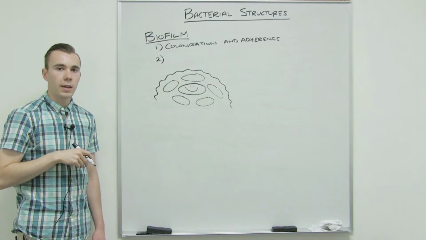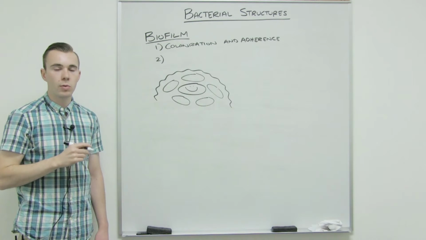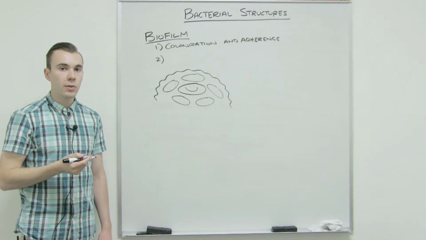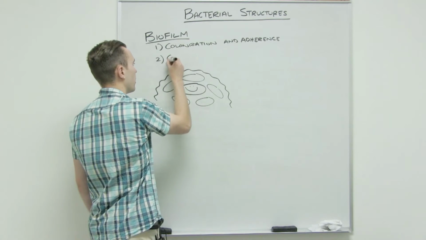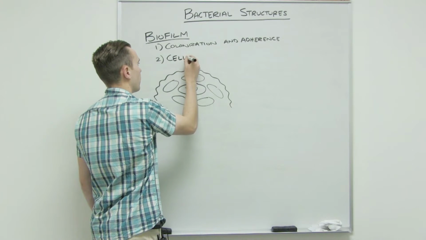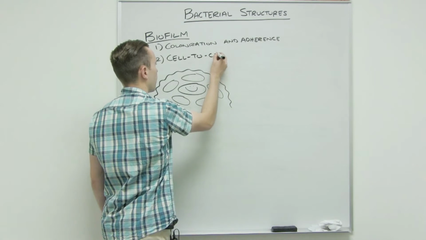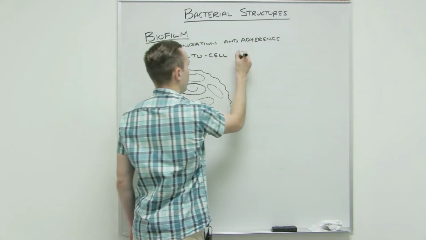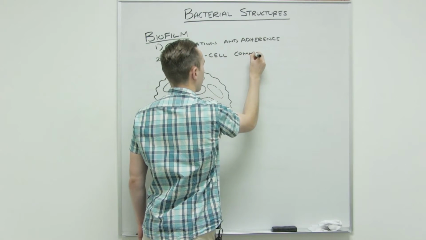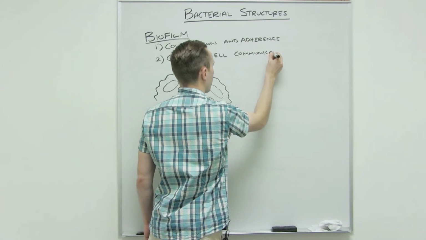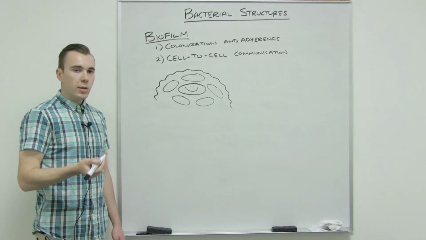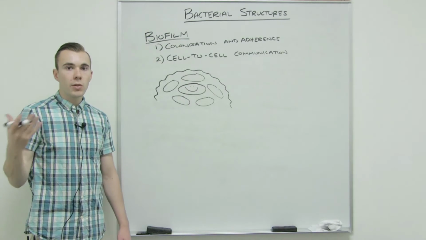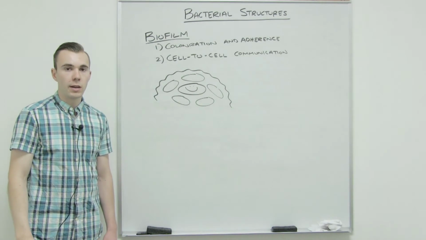And the other thing is that it allows cell-to-cell communication. So it seems very strange, but bacterial cells are actually able to talk with each other. Because they're so close together, they're able to talk through chemical gradients that are being secreted.